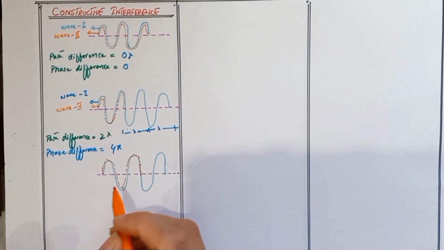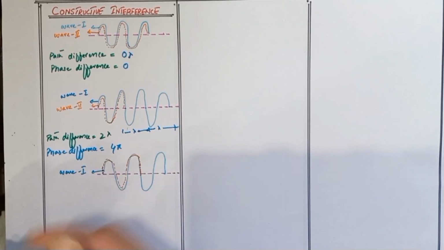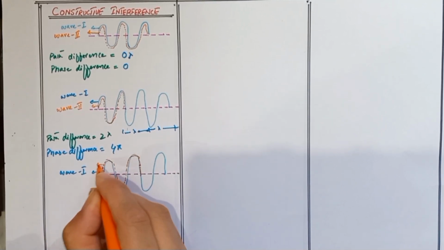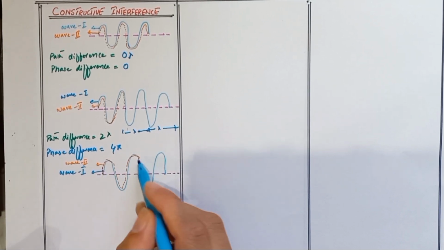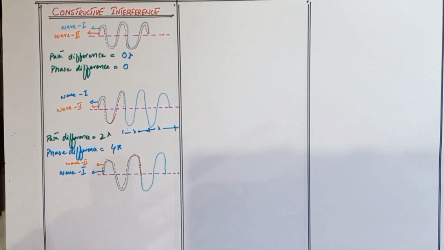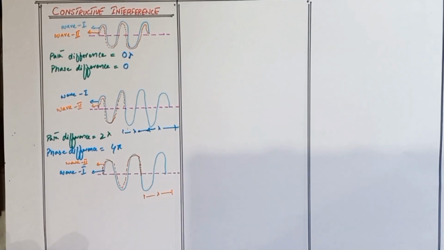Here we also take two waves. The blue wave is wave 1 and this dotted line is wave 2. The dotted line covers a smaller distance than the blue wave. The blue wave covers an extra distance of lambda.